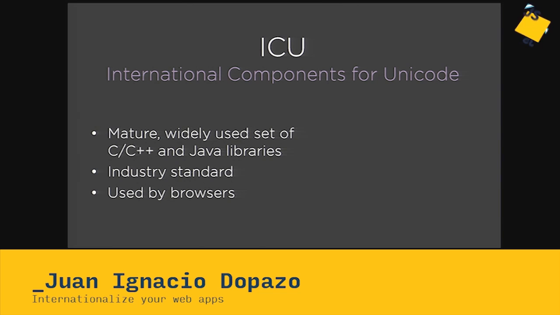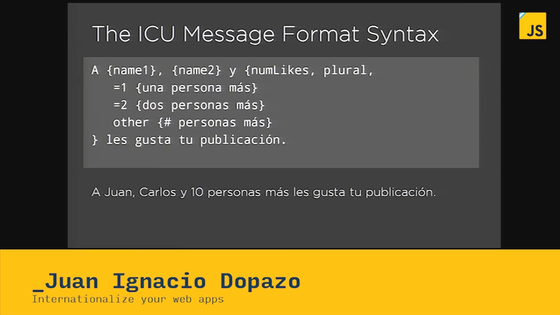And the thing that we liked about the ICU library is that it has this feature called message formatting. And message formatting allows you to write these sort of complex sentences that depend on your dynamic data. And this is the kind of thing that is actually kind of hard to do without some help from software.